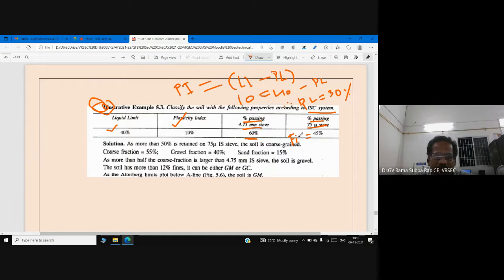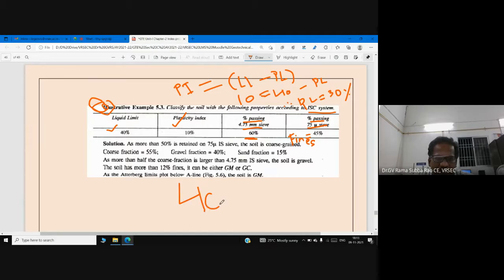So the fines are 45%. And since percentage passing 4.75 mm is 60, the percentage retained on 4.75 is obviously 40%.